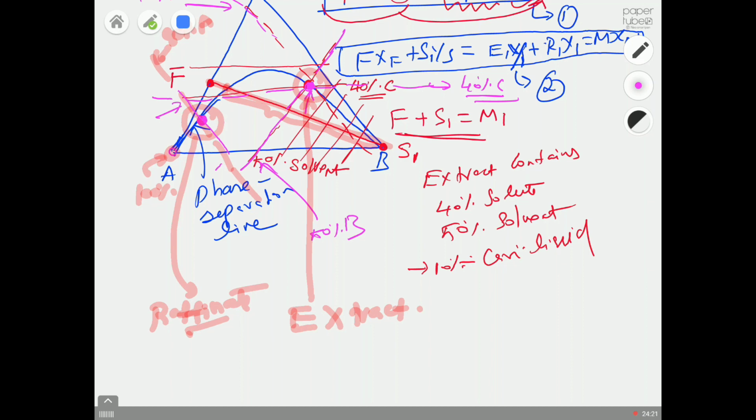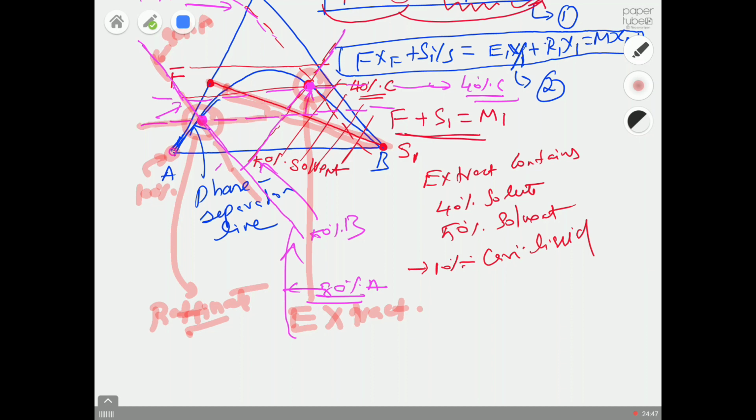I think I missed this page completely. Just follow the pink line I'm drawing now. So this line will be 80% of A. Also, we can calculate the solute concentration. The pink line I'm drawing now, I will show through highlighter one more time.